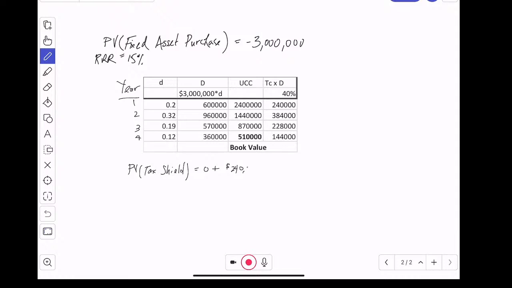It's 240,000. Divided by 1.15, then 384,000 for 2 periods of discounting, and then 228,000 for 3 periods, and 144,000 for 4 periods.